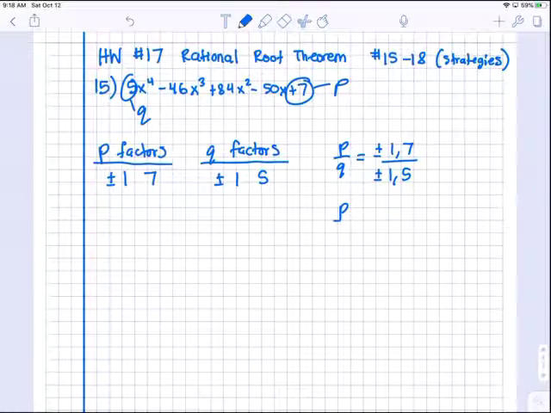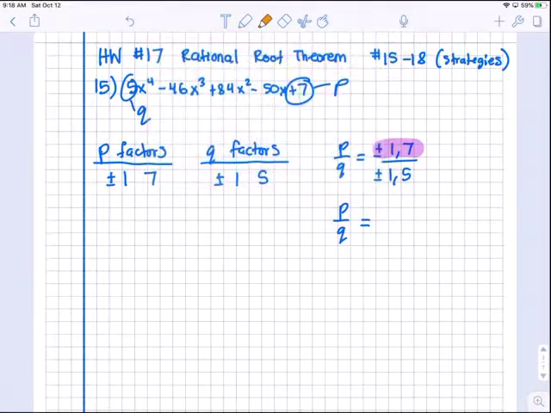Now, this one's unique because this is the first time you guys are noticing that there's more than one factor in the Q. So this is how you guys go about it. Take these top, or the numerators, and put them over each denominator.